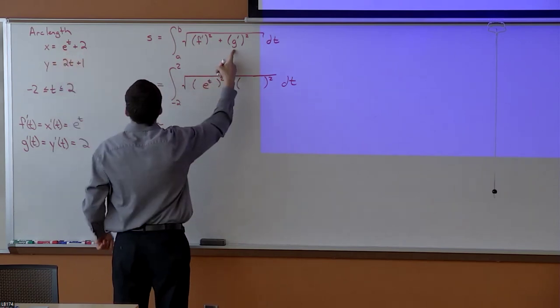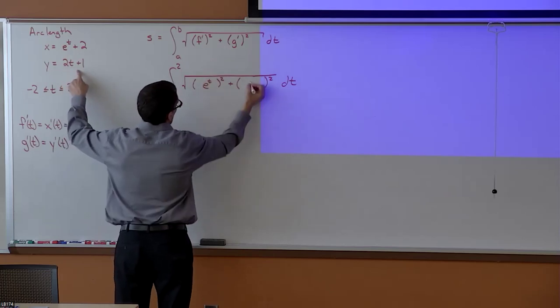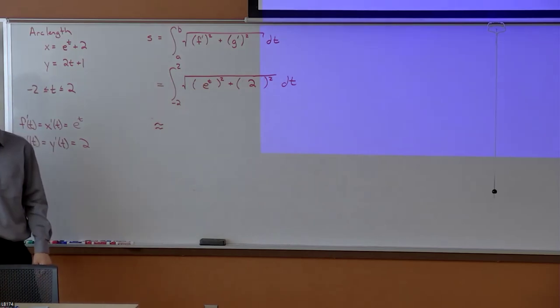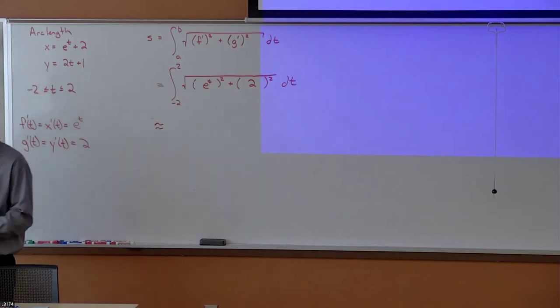And I replace the g prime with the derivative of g with respect to t, obviously. And at this point, I plug that into my calculator. Once again, if you're using parametric mode, this is a pretty straightforward process.